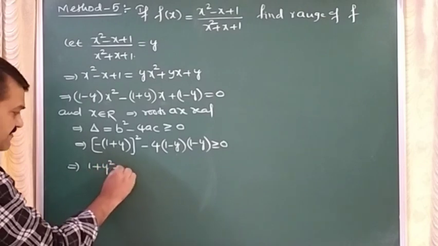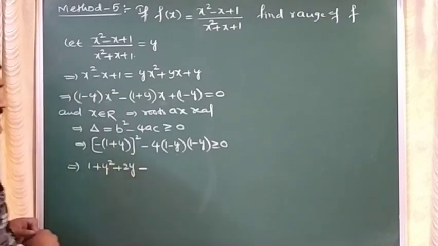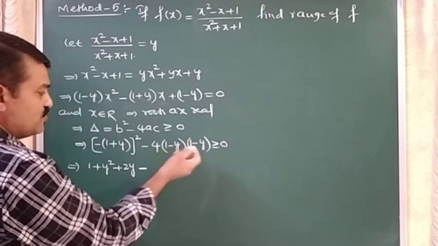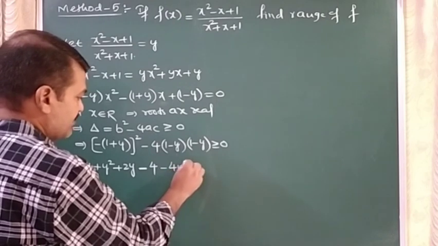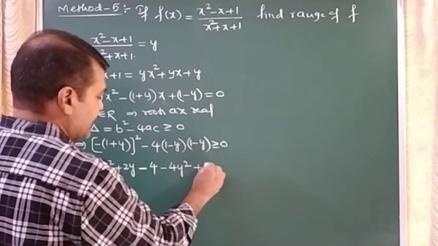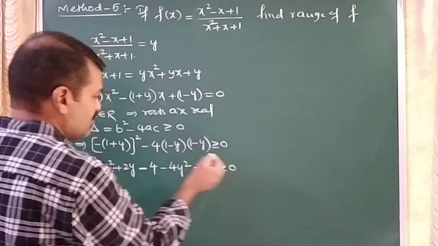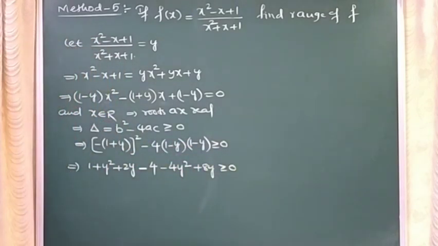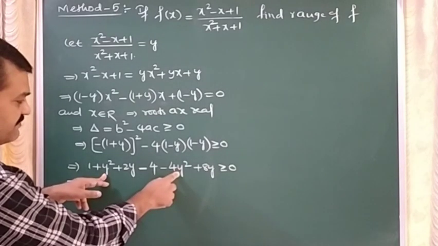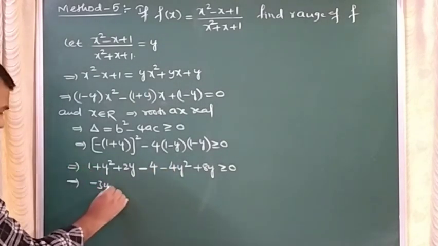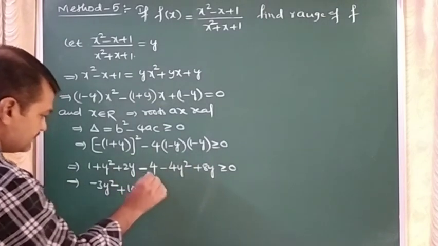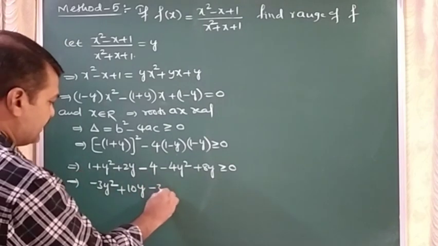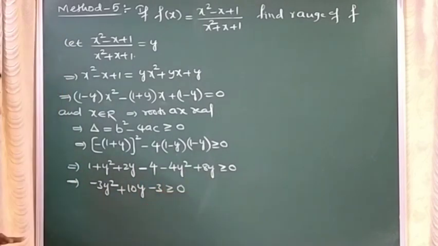So 1 plus y square plus 2y minus, now multiply this. So when you multiply you will get minus 4y square and plus 8y greater than or equal to 0. Simplification, see, y square minus 4y square, so minus 3y square. 2y plus 8y, 10y. 1 minus 4 means minus 3, greater than or equal to 0.